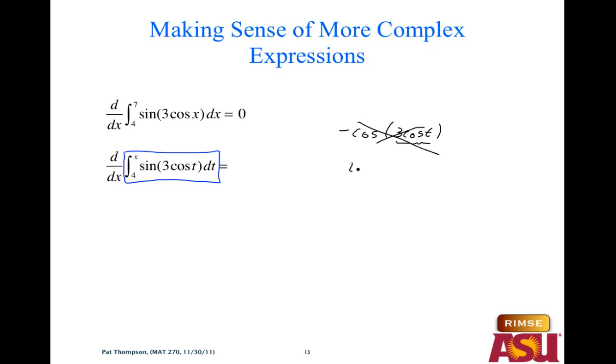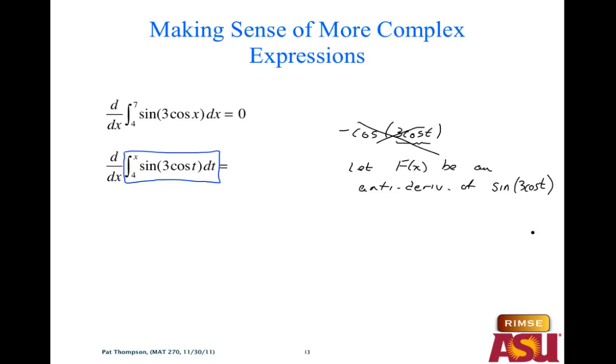So let's just let capital F of x be an antiderivative of that rate function. We can let F of x be an antiderivative of sine of 3 cosine t.